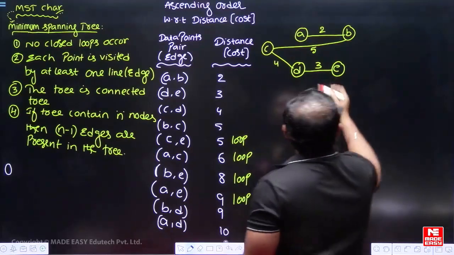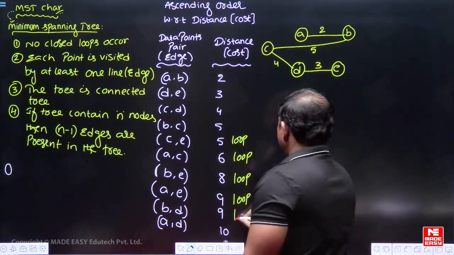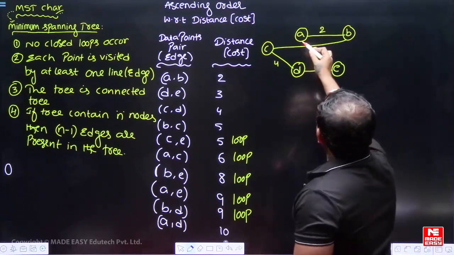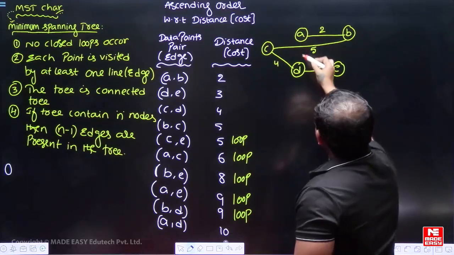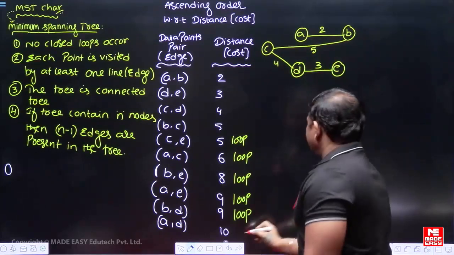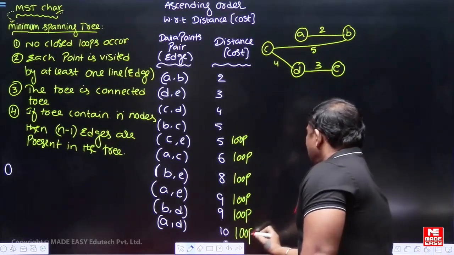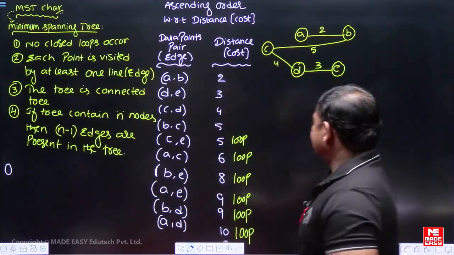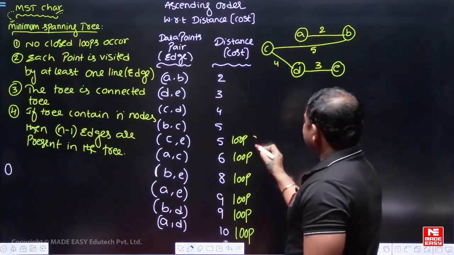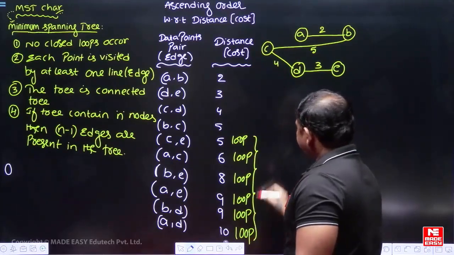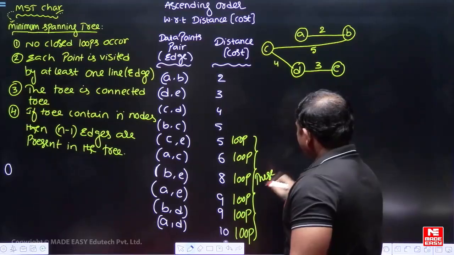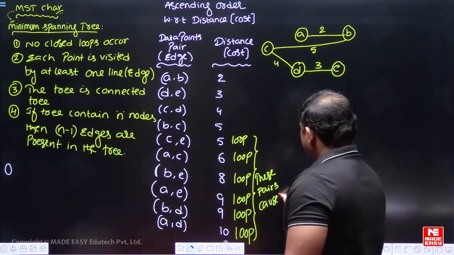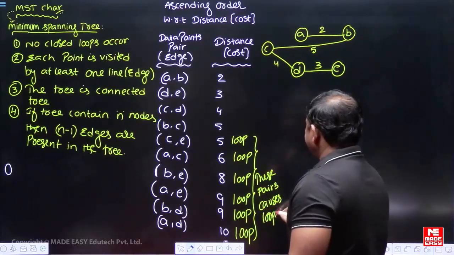BD: if BD is connected, again that is a loop. Then AD: if AD is connected, that is also one loop. So there is no loop in the tree. That is the minimum spanning tree. So these are the pairs which cause loops. That's what we are not connecting.